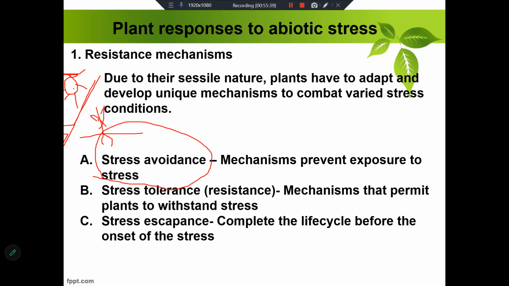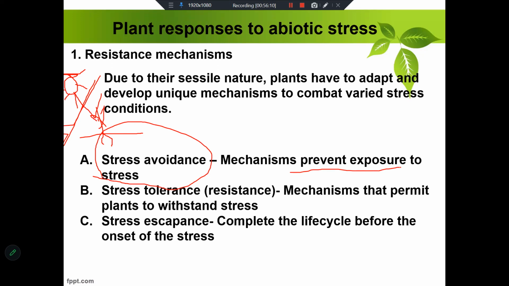In order for the sunlight to reach the cells where all these biochemical reactions and physiological processes are going on, it has to pass through the waxy cuticle. But what will happen when it reaches the waxy cuticle? It gets reflected by the waxy tissue. That is a mechanism that prevents the exposure to the stress.